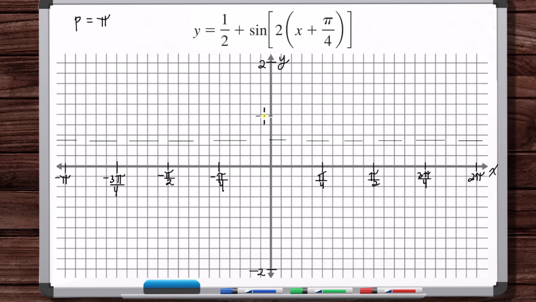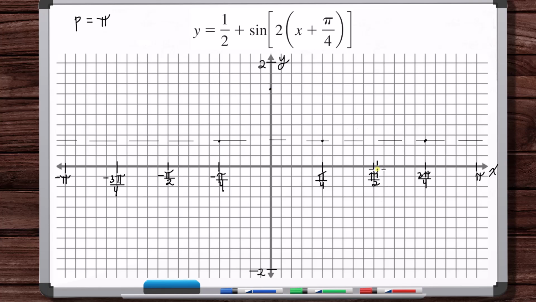Okay, so let's see. The period is pi, but we're going to be starting at minus pi over 4 and then going to 3 pi over 4. The sine curve hasn't been flipped or anything. It starts at the average value and it ends at the average value. Then halfway, it's at the average value. And the quarter point is going to go up to the positive amplitude. So we're going to go up 1 from here. So 0.2, 0.4, 0.6, 0.8, we're going to go up to here.